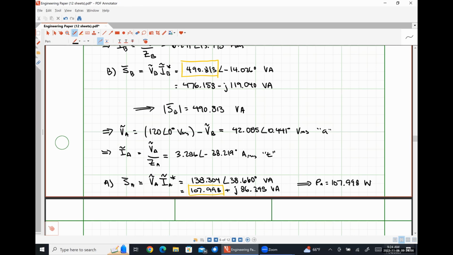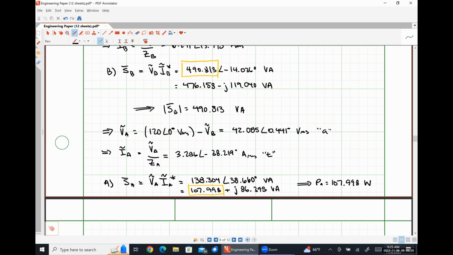Before we move on to part C here, anybody have any questions about what we've done to this point? So when we're doing nodal analysis, we're just adding current. So I wouldn't multiply and divide by the impedance.